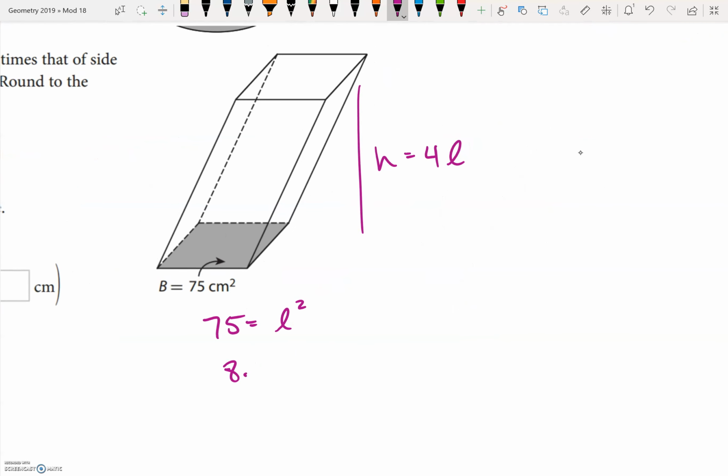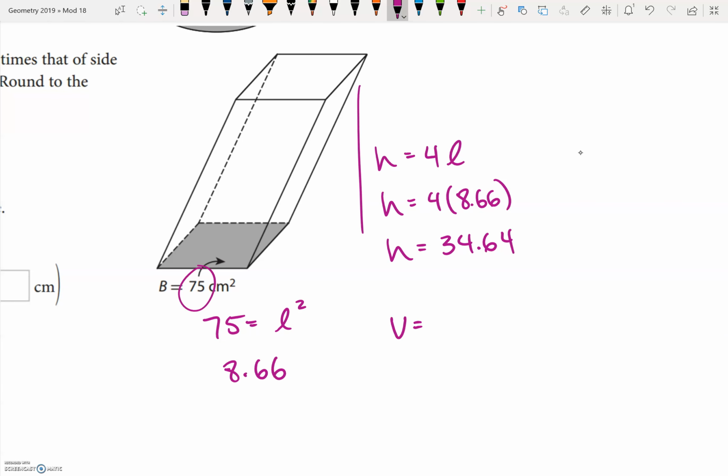So if I know that one of the sides is 8.66, I know that our height is 4 times 8.66. That gives us a height of 34.64. So in order to find the volume, we're going to multiply the area of our base, which is 75, by our height, which is 34.64.